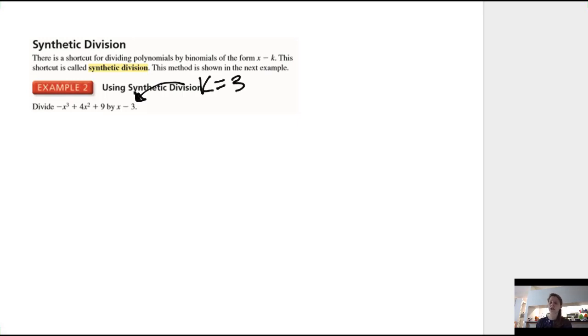Okay, synthetic division is like nothing you've seen before, so it's going to look very new. What we do is we write an L. We put the k value on the outside, so this is the k value. And on the top row, we're going to write the coefficients of the dividend.